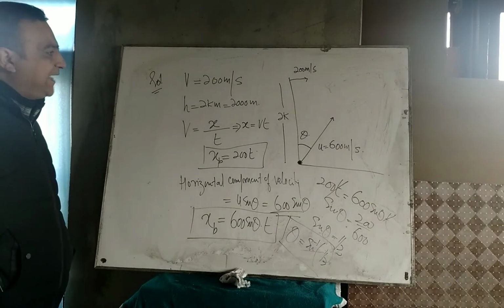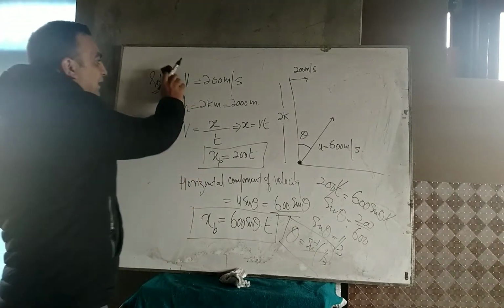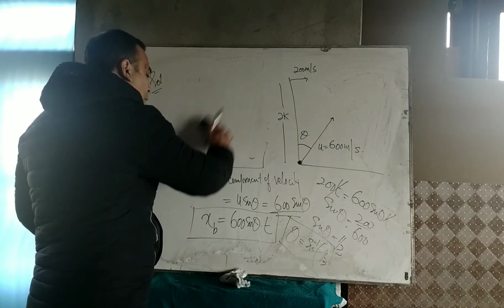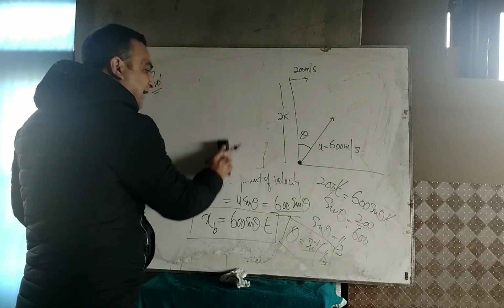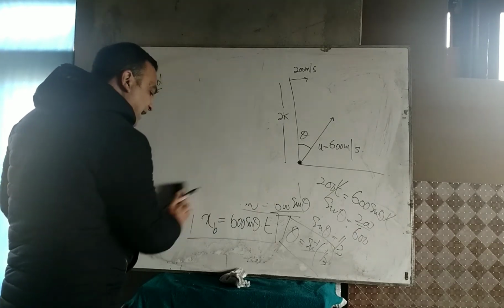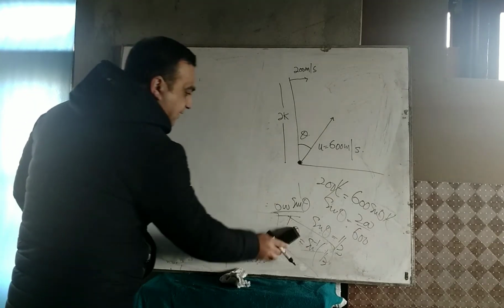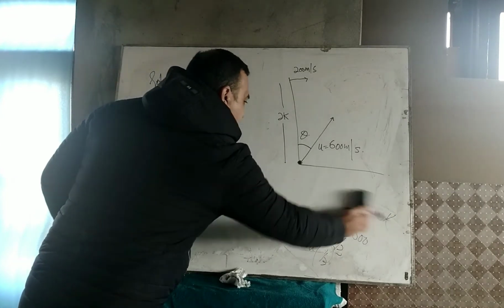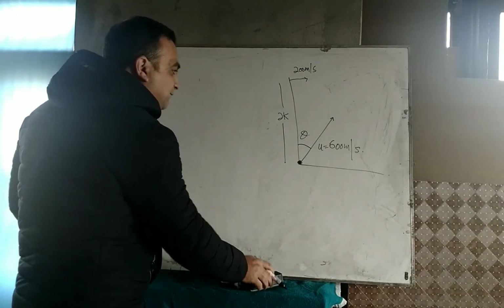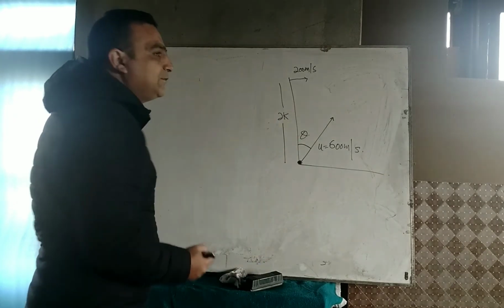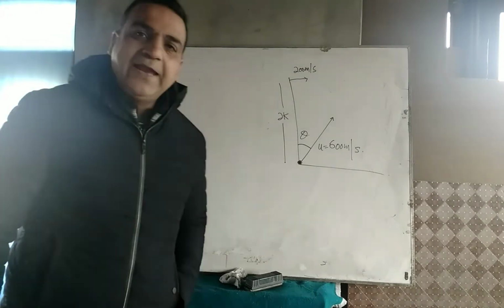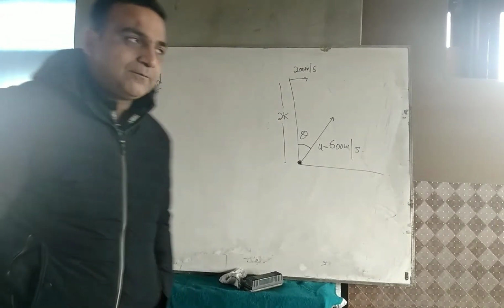Now, the second important question in the same problem is what should be the height chosen by the aircraft so that the bullets that have been shot from the ground do not hit this airplane.